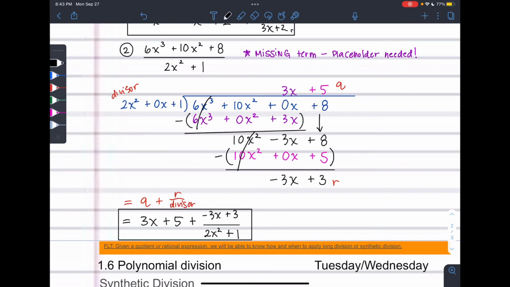So when you're solving these problems, there are a few things to note. The first is if you have a gap, you have to use a placeholder, whether it's a missing x term, a missing x squared, or a missing constant. You always want to make sure there's a placeholder. The next thing to take note of is be careful of those dang signs.